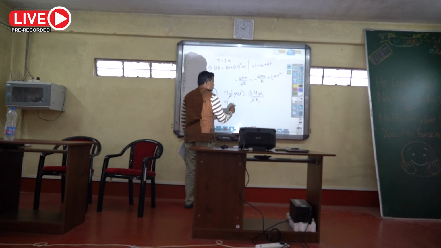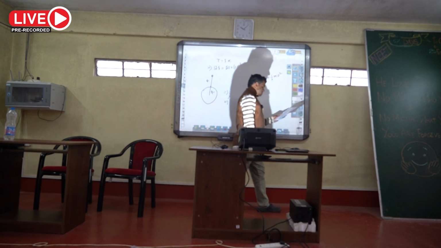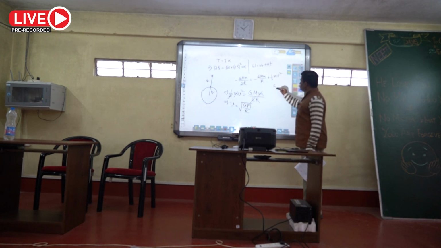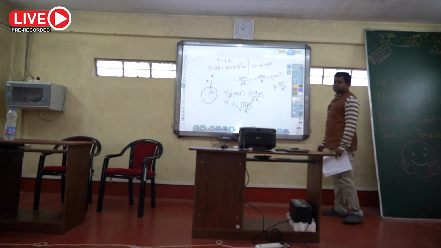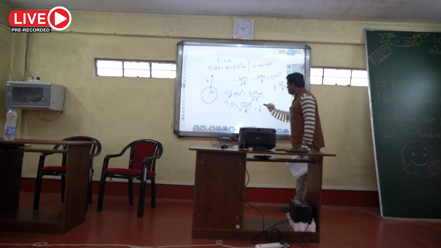So v equal to root over of G M by capital R. Now G M means g R square, because we know that small g equal to G M by R square. So G into capital M can be written as small g into R square. So if you put it here, you will get root over of g R.